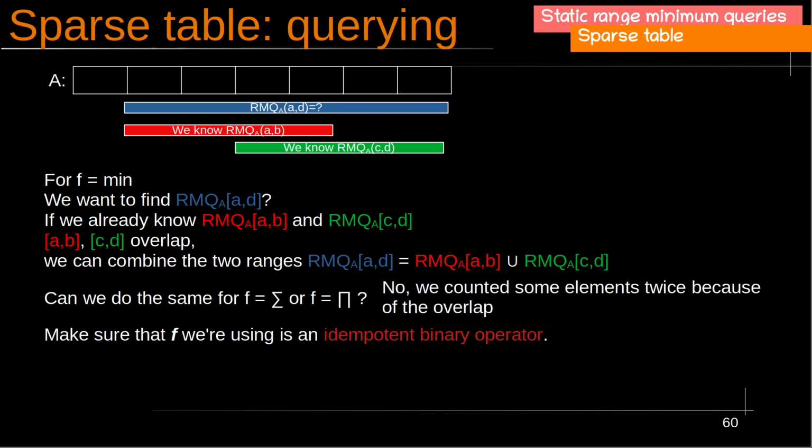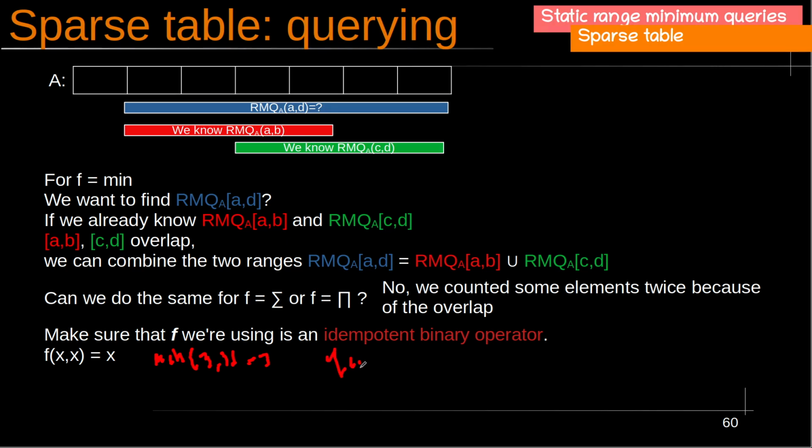So before that, we have to make sure that the function f that we are going to compute is an idempotent binary operator. Mathematically, it means f of x, x is equal to x. For example, here, we know that the min of 3, 3 is equal to 3. Max of 3, 3 is equal to 3.